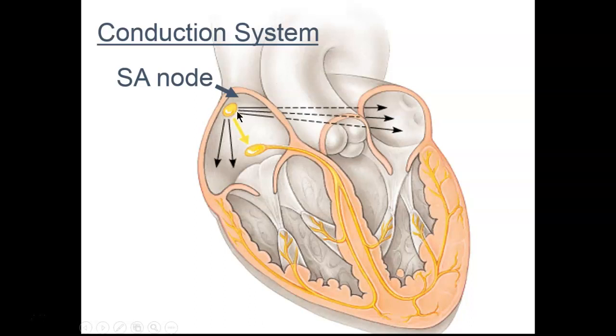So this SA node fires a wave of depolarization that spreads throughout the walls of the right atrium, across the interatrial septum, and into the walls of the left atrium, down to the inferior part of the right atrium, where the second part of the conduction system, the atrioventricular node, is located.